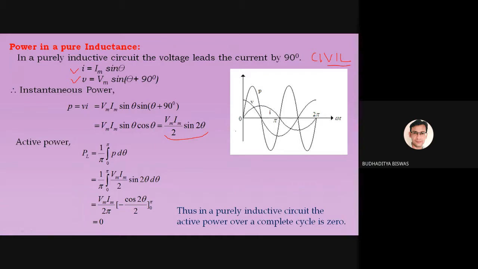So instantaneous power P equal to V into I. Replace the values, Vm Im sin theta into sin (theta plus 90 degrees). So it is Vm Im sin theta cos theta, or you can say Vm Im by 2 sin 2 theta. So active power PL is equal to 1 by time period, integral from 0 to time period of p d theta. Why do we take pi here as the time period?